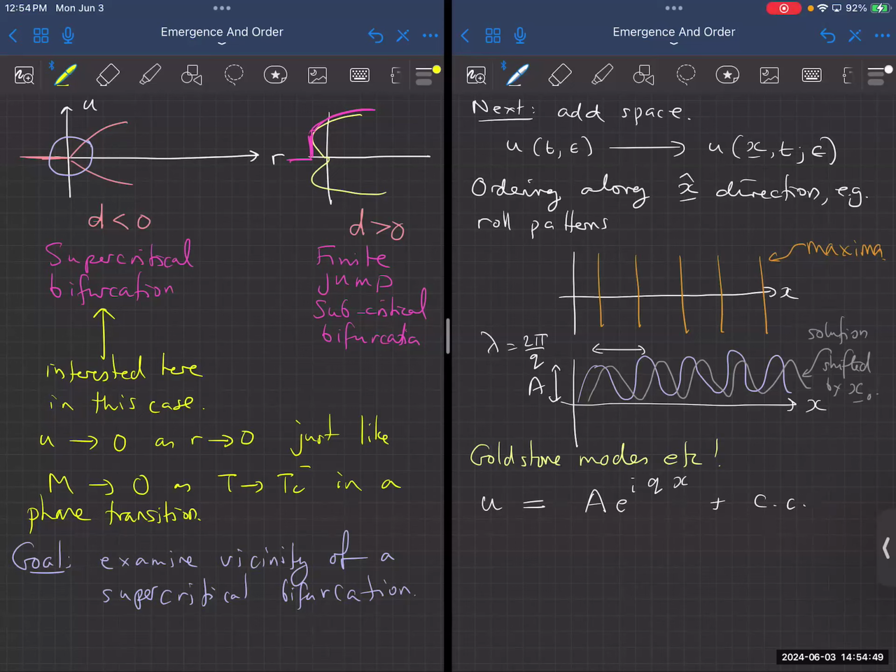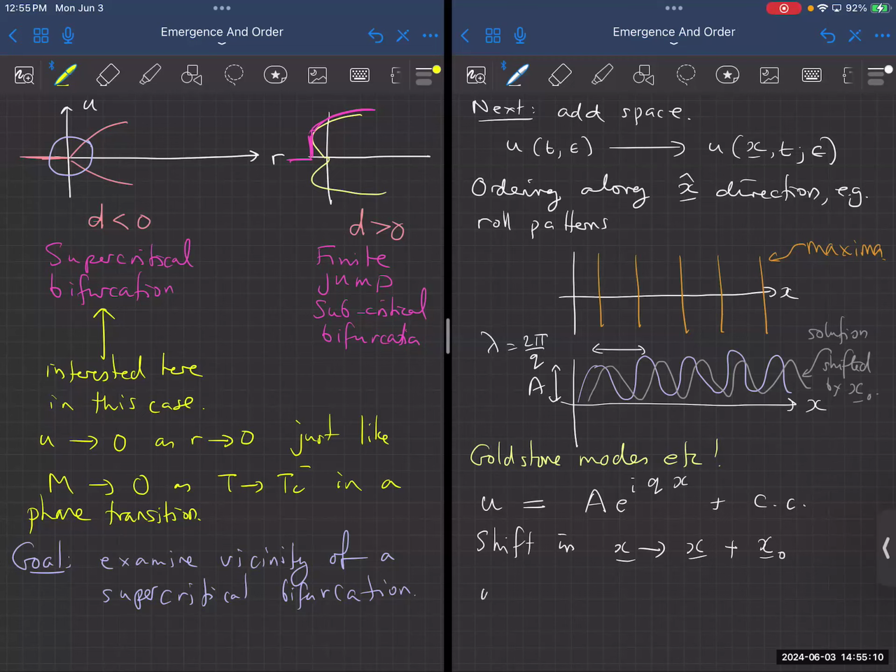Think about it like this. Suppose I make a shift in x. So x goes to x plus x naught, let's say.